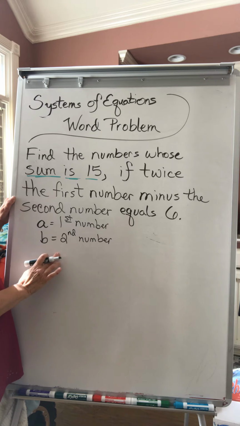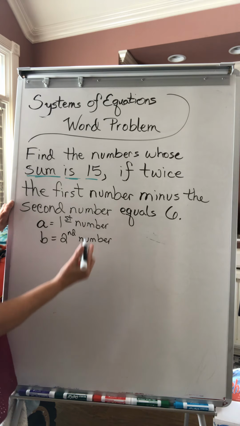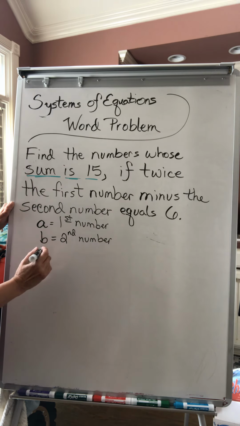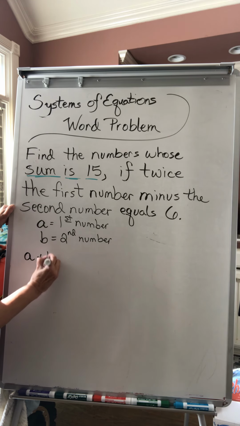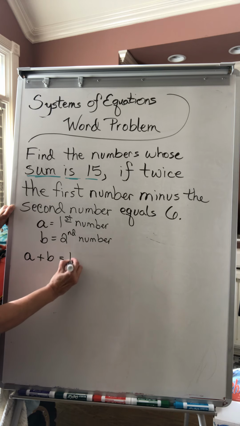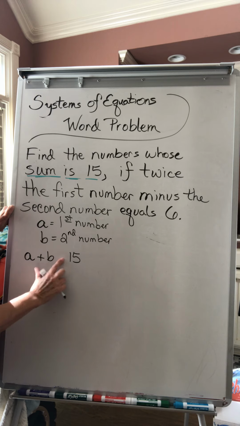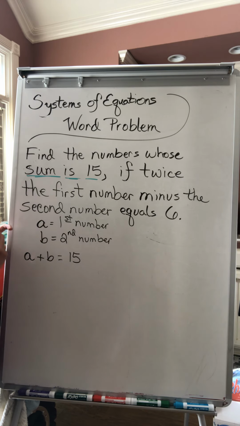So this plus this will equal 15, right? So I'm just going to come right over here and say A plus B equals 15. All right, so that's my first equation.